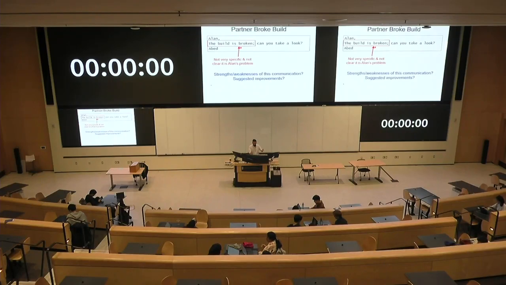So the first line is not very specific, and it's not clear that it's his problem. And there is also no sense of urgency. Even though the build is broken, is this a really important thing? When do we need it fixed by? There is no urgency, and it's unclear whether an action is required or not.